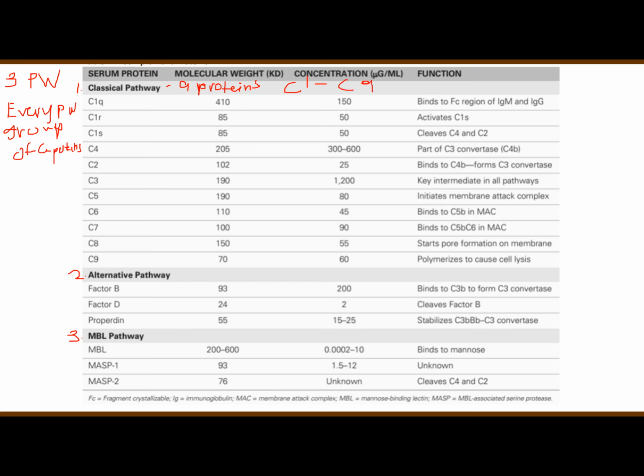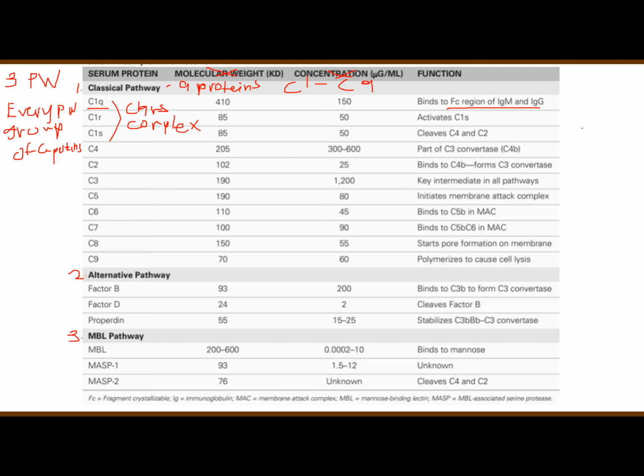Now, aside from C1, class, C1 is subdivided into three types. They have the so-called C1QRS complex. And for every corresponding letter, they have a function. Let's tackle your C1Q. Now, you don't need to memorize the molecular weight or the concentration, class. I just want you to take note of the name of the complement protein and their function. So let's start with your C1Q. Your C1Q, class, would bind to the Fc region of IgM and IgG antibody.